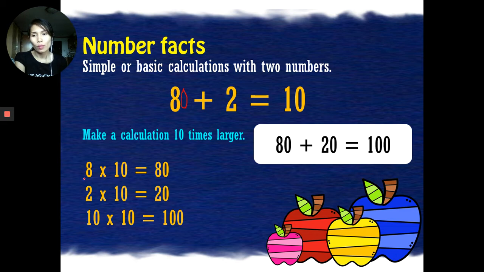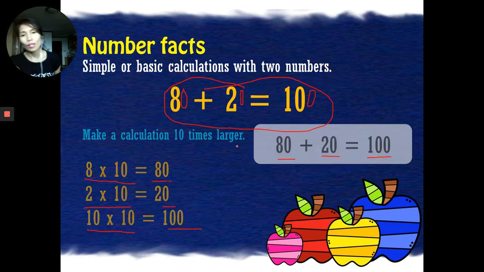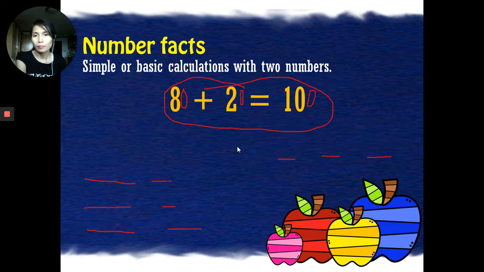So instead of doing 8 times 10 equals 80, 2 times 10 equals 20, 10 times 10 equals 100, you can just simply add 1 0 to all of this. Then that's the answer. 80 plus 20 equals 100. That's what we got.